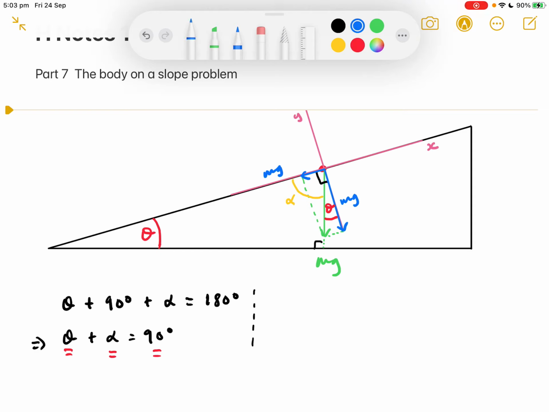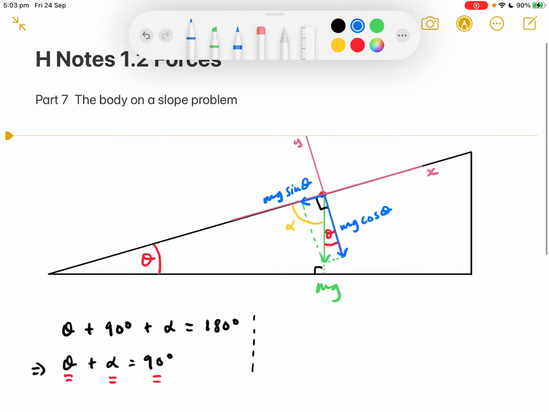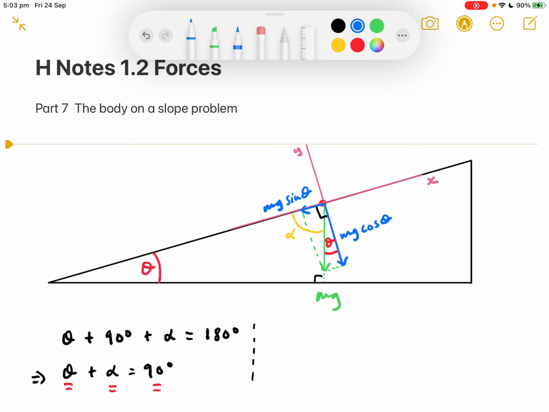So that must be theta in there. Now, as soon as we know that, we can immediately say that the component perpendicular to the slope is mg cos theta, and the component parallel to the slope is mg sine theta. You can go away and work on that and redraw it if you want to try and work it out yourself, but that I can assure you is the case.